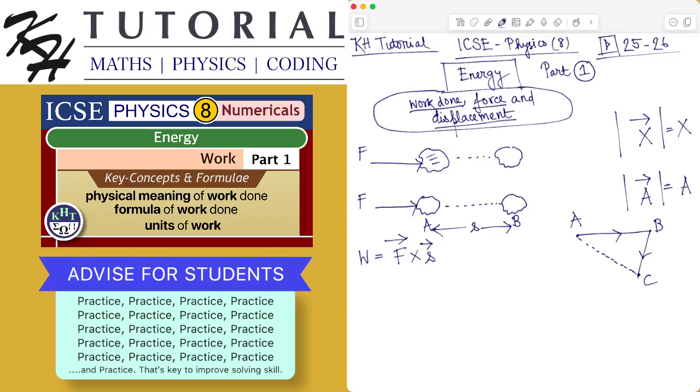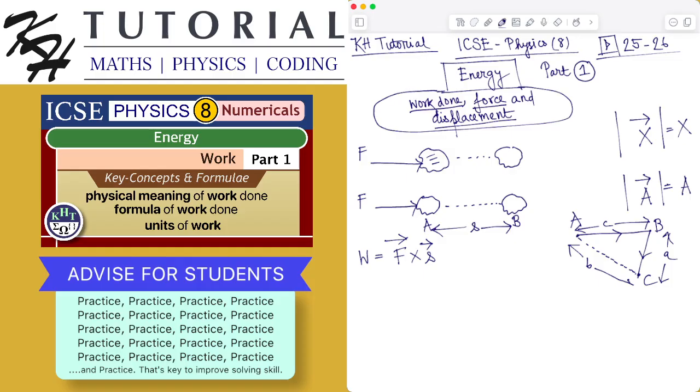If I denote the length of the sides of this triangle ABC, the length AB is small c, the length of the side BC is small a, and the length of the side AC is small b.